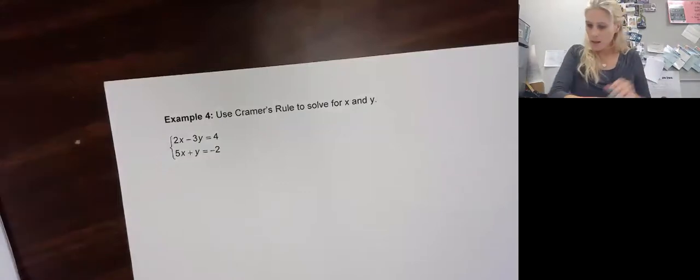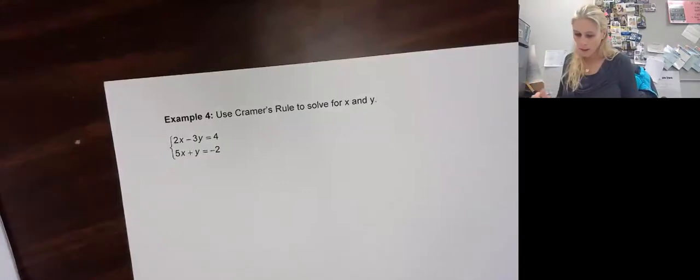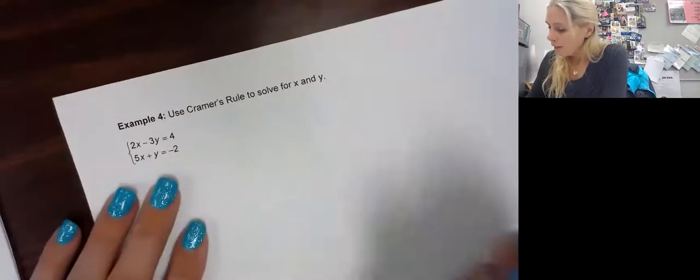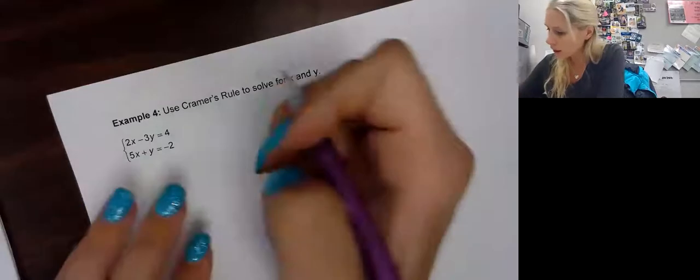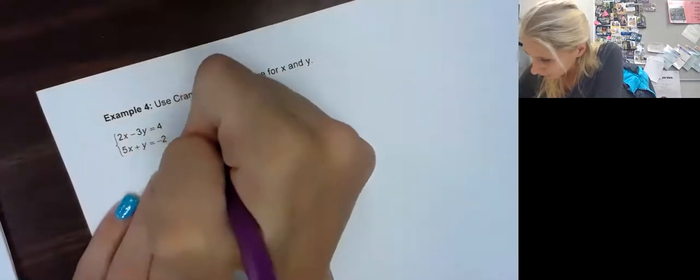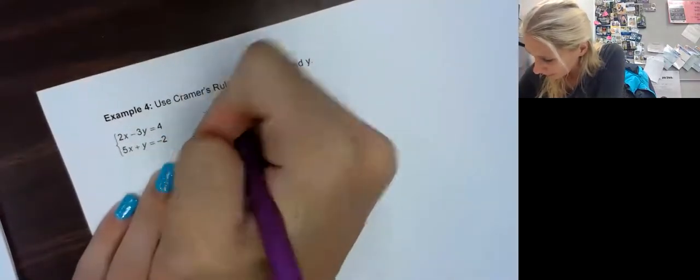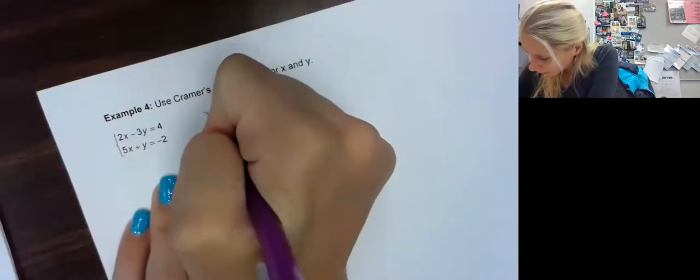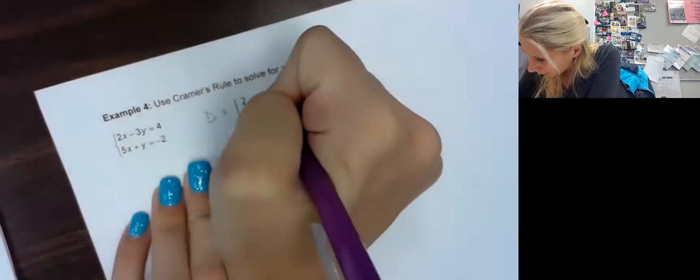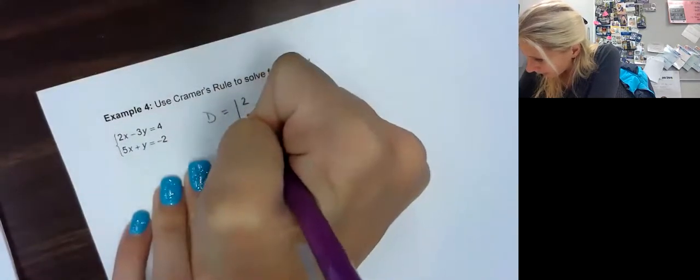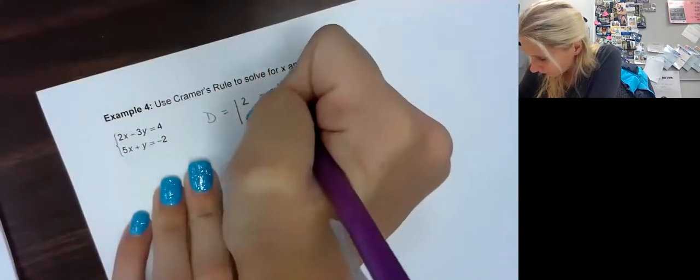All right, so here we go. First of all, we're going to want our determinant of our matrix. So the determinant of our matrix equals 2, -3, 5, and 1.